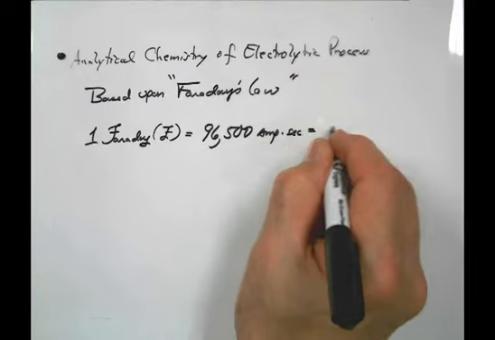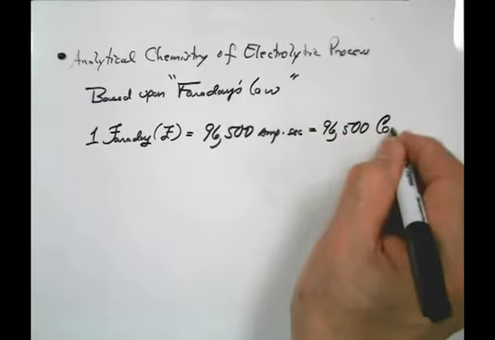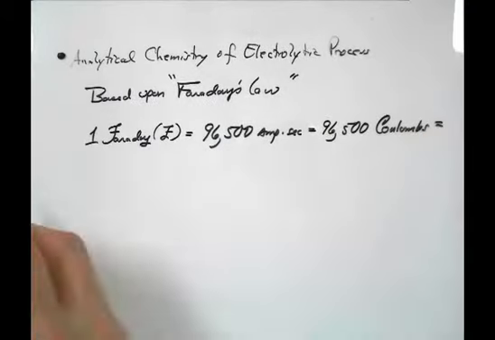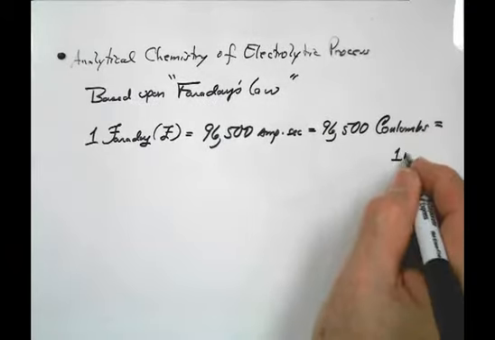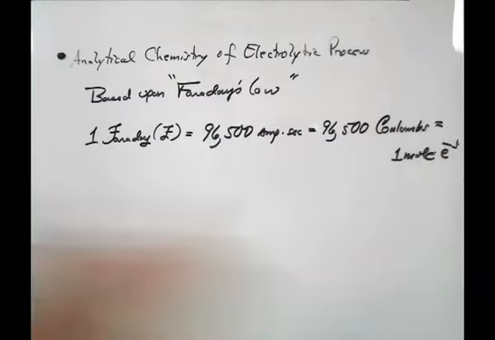And this is 96,500 coulombs, which is equal to 1 mole of electrons. This is nothing more than a very big conversion factor, and you use it in working electrolysis problems.